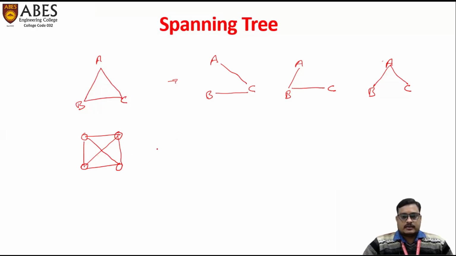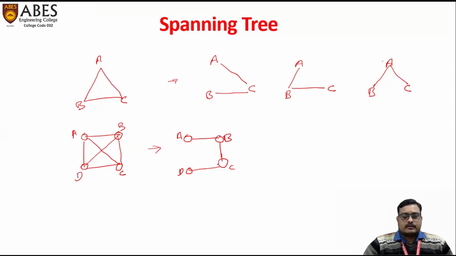So let us take an example for this. Suppose the vertices are A, B, C, and D. So if we connect like this, A to B, then B to C, we have one edge, and then C to D, we have another edge. Okay, so we can see here we have connected all the vertices.